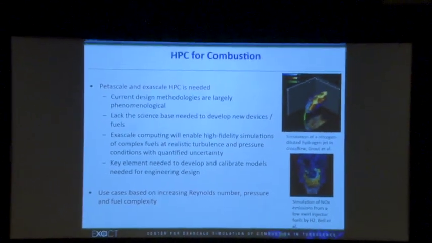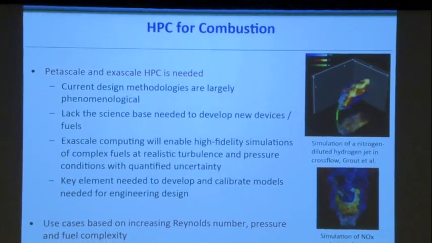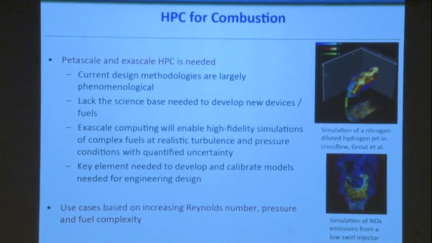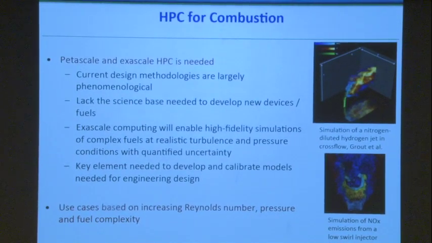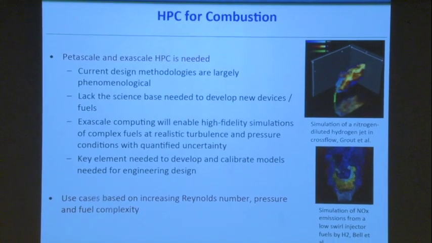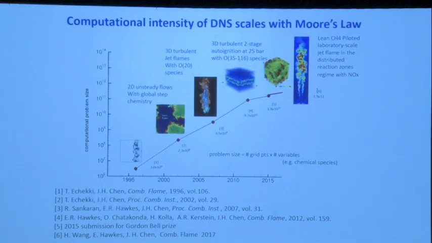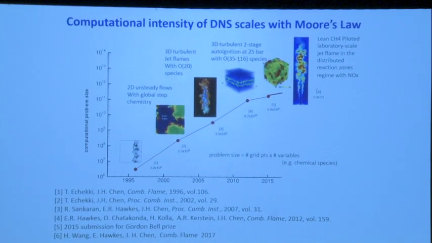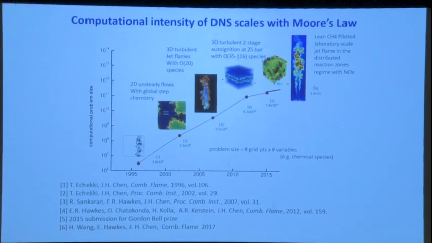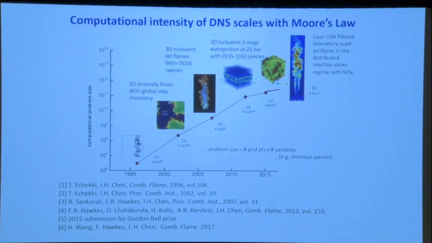So obviously we have a need for high-performance computing to resolve all the chemistry and the species as well as the fluid mechanics. And so that kind of brings me to this slide that shows how DNS has kept up with growth in HPC, or Moore's law, which basically says that the number of transistors doubles about once every year and a half to 2 years.